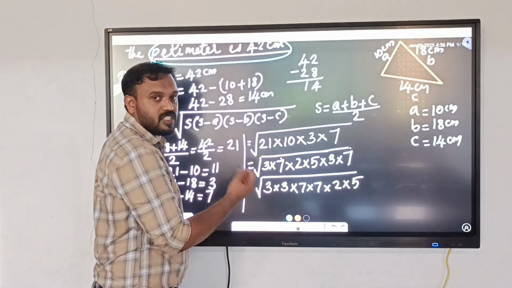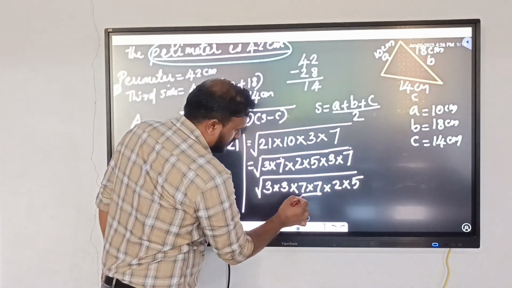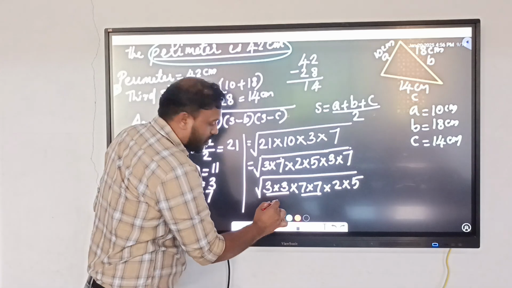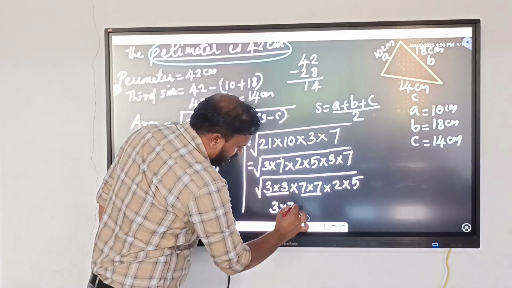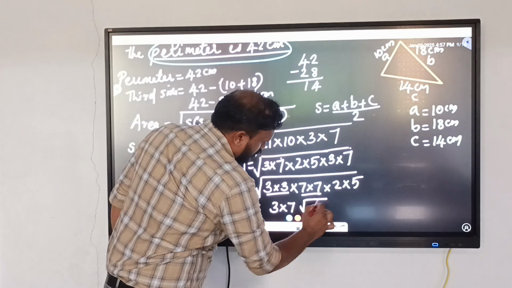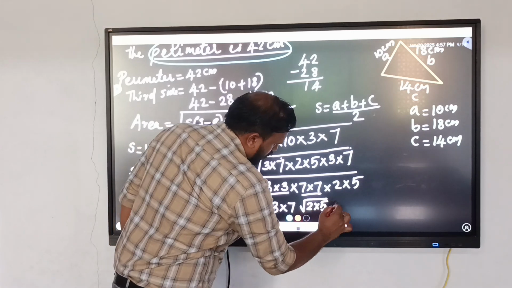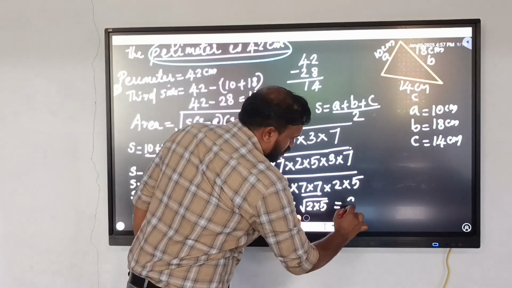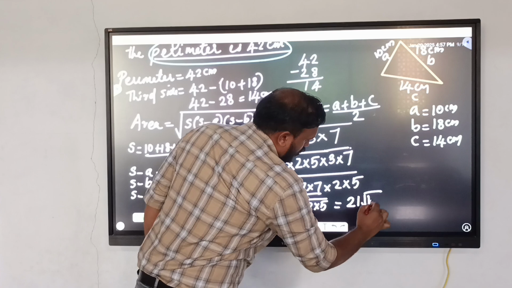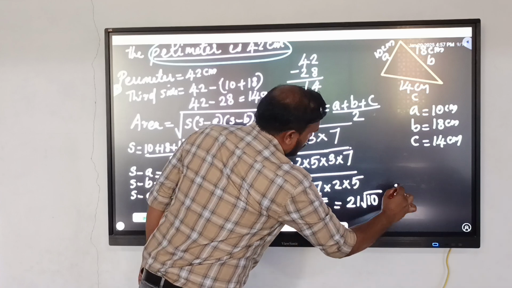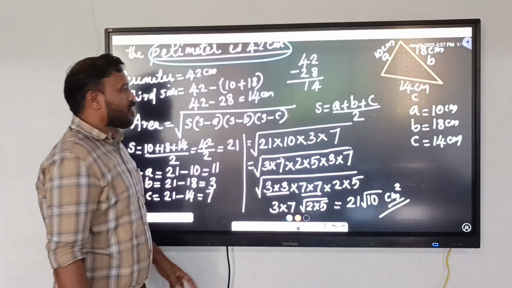So let them be there inside the root. Then we can take one from each pair, that is 3 into 7. Then the rest let it be in the root. So what is the area here? 3 into 7, that is 21, then root 10 centimeter square.